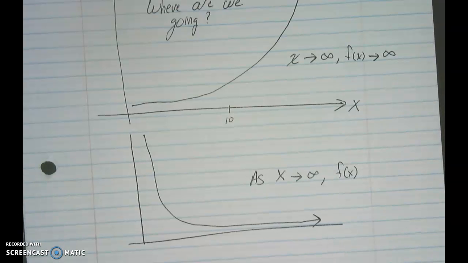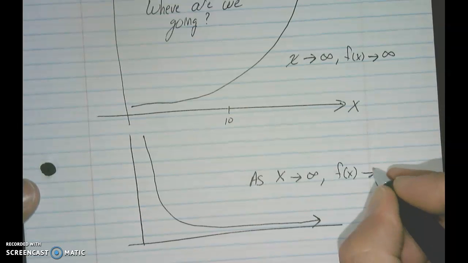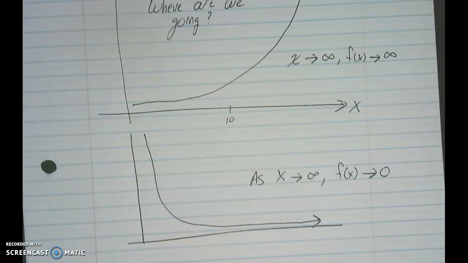Not negative infinity, really close to 0. All right. Will it ever reach 0? Nope. Because it's something called an asymptote. And with an asymptote, you never ever cross it. You get really, really, really, really close to it, but you never ever touch it.